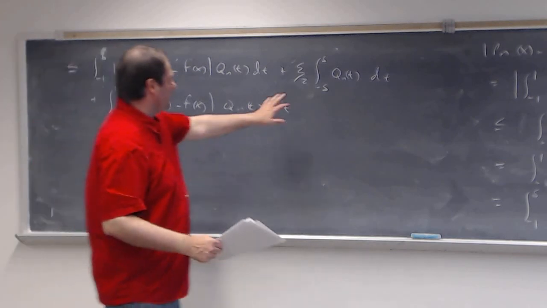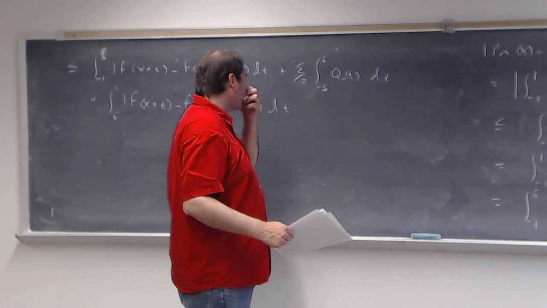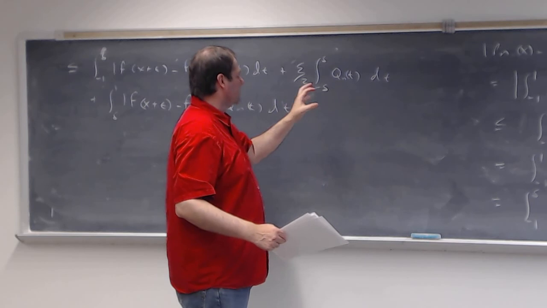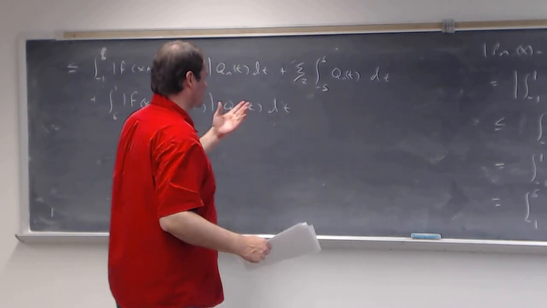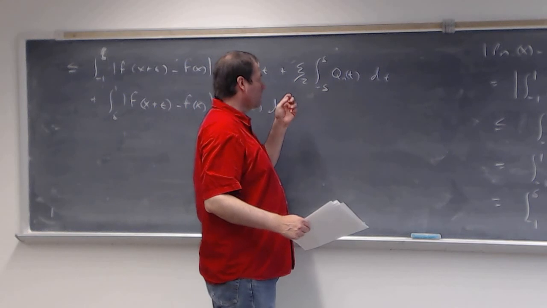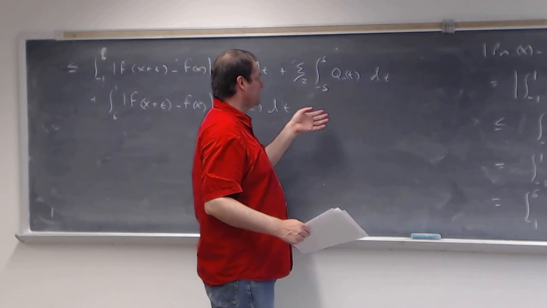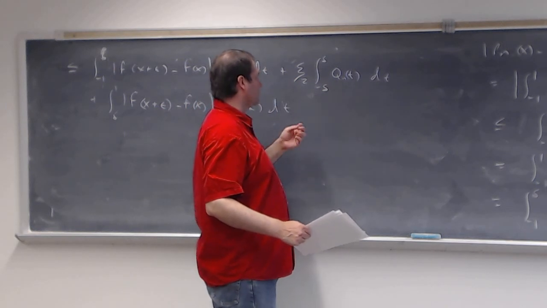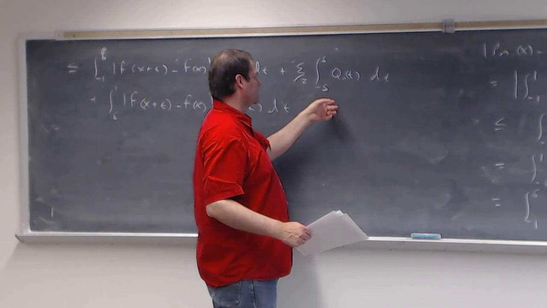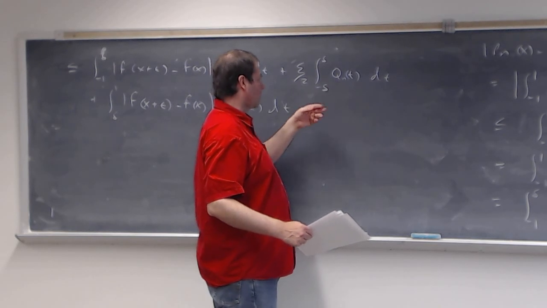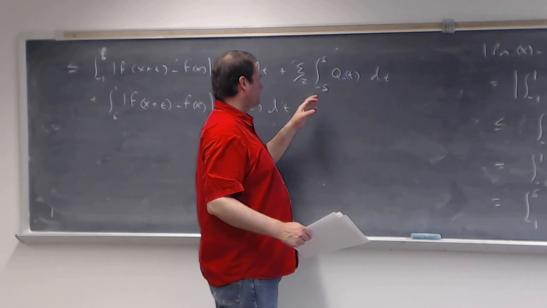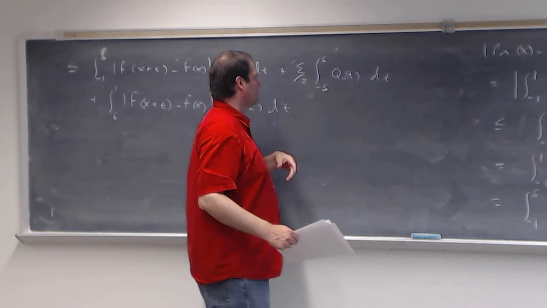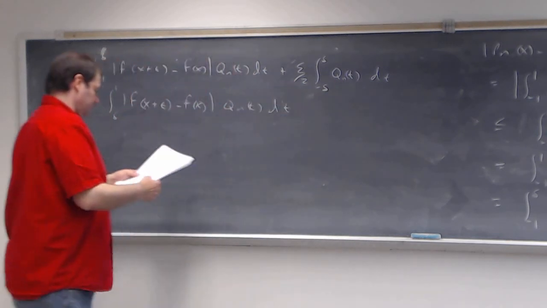This is true because in that middle integral, the difference between x plus t and x, which is what we had f applied to, is equal to t, and t is between minus delta and delta. So the norm of t is less than or equal to delta, and in that situation we had that the norm of the difference of f is less than epsilon over 2.